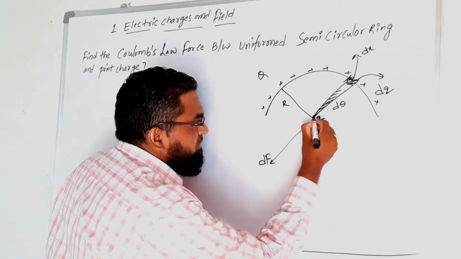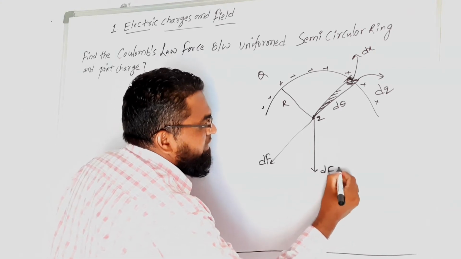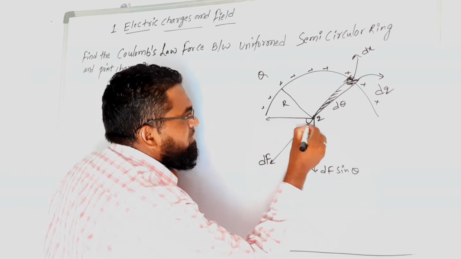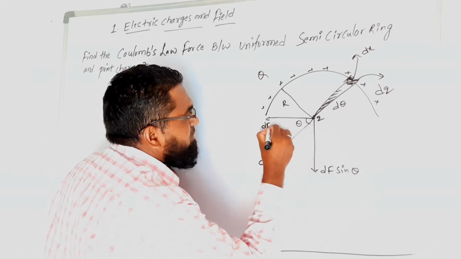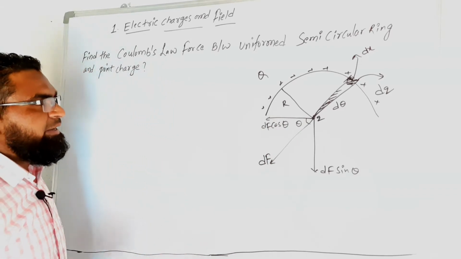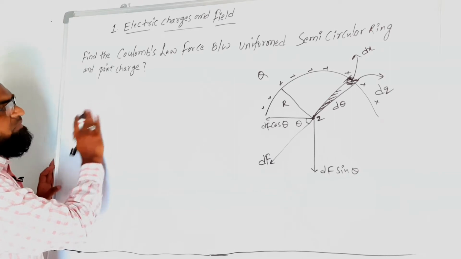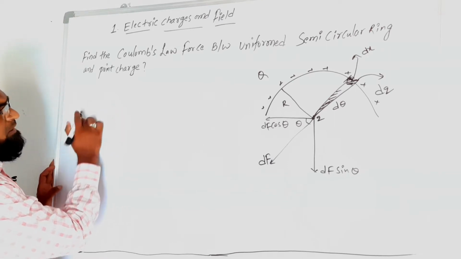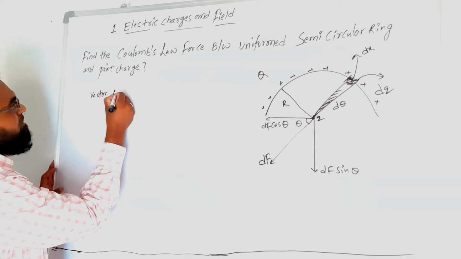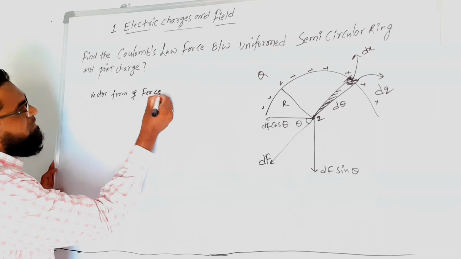So remember, next, one component is df sin theta. And similarly the other component, with this angle theta, is df cos theta. Clear, the diagram? Next I am writing the vector form of force.